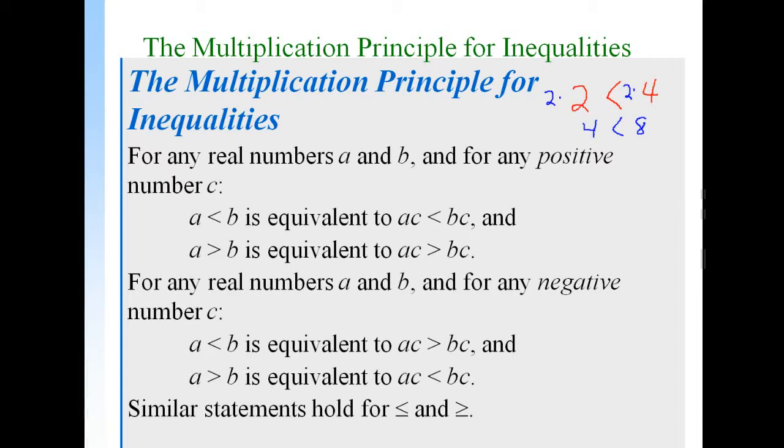But how about if this were a -2? Now I'm multiplying each side by a negative. So -2 times 2 is a -4.